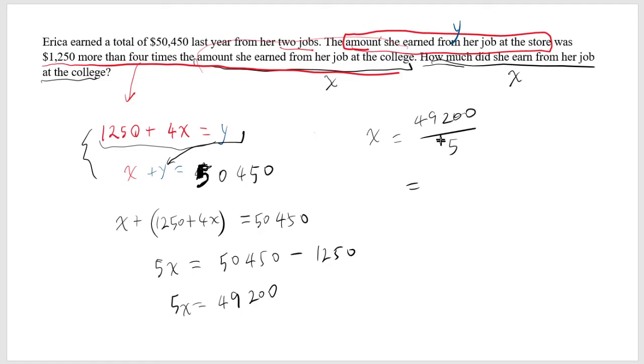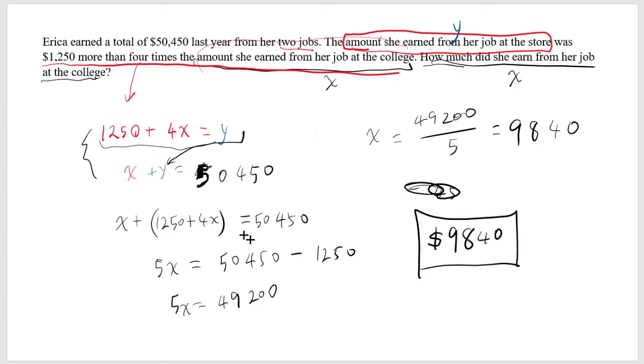Let's see, 9 times 5 is 45, 42 is left, 42 divided by 5, that's 8, and then 20 divided by 5 would be 4. Okay, so the answer is that she earned in college $9,840. That's the answer.